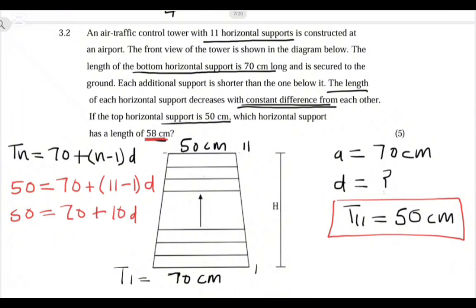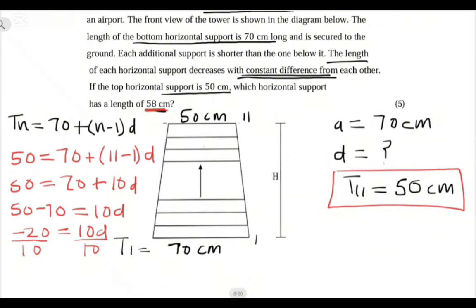So we're just going to say 50 minus 70, which is equal to 10d, and then 50 minus 70 is going to give you negative 20, which is equal to 10d, and we can divide both sides by 10. If you divide both sides by 10, this is going to cancel this. Your difference is going to be equal to negative 2.